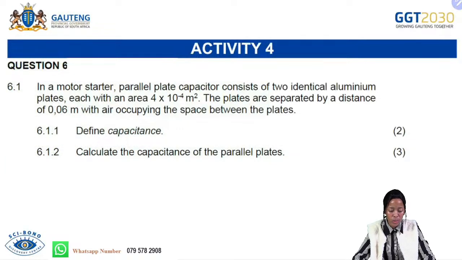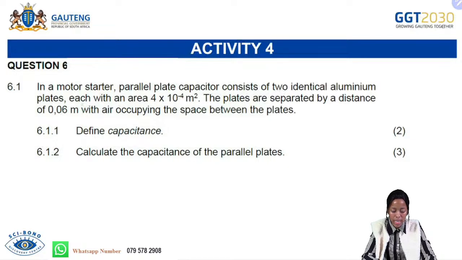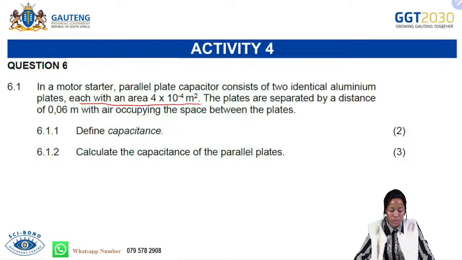So now let's have a look at this question here. It says in a motor starter, a parallel plate capacitor consists of what? Two identical aluminum plates, each with an area of what? Of 4 times 10 to the power of negative 4 meters squared. The plates are separated, so we are given area, and then remember to do what?